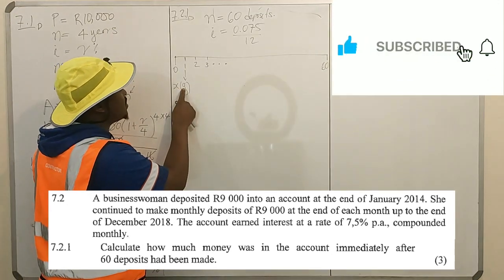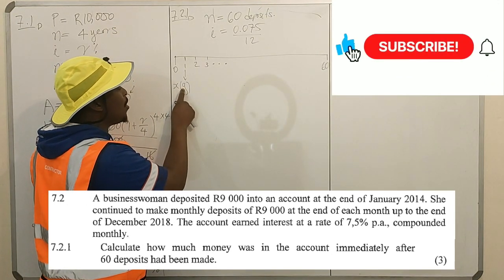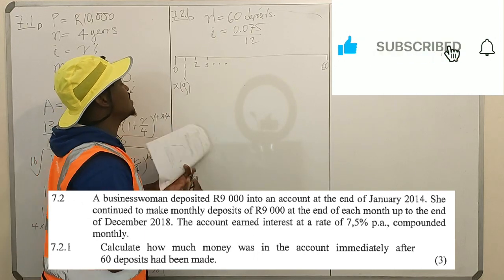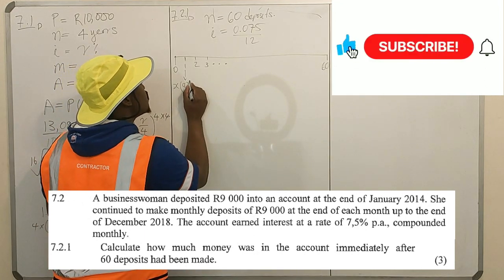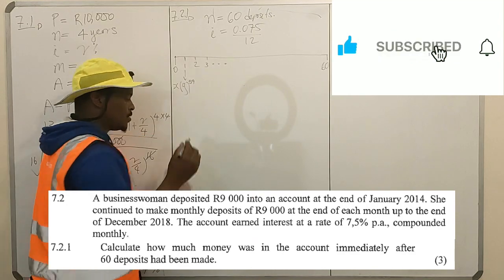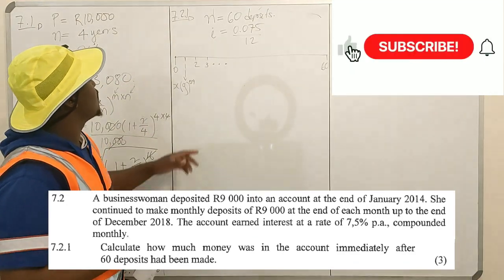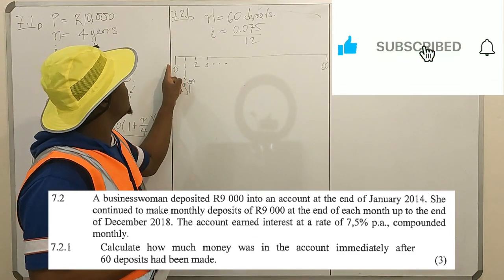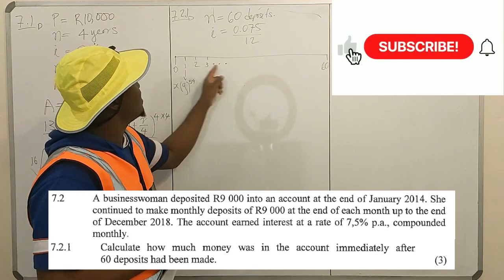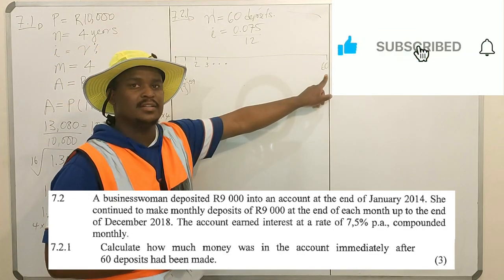This first amount that she deposits will earn interest for a period of 59 months. Because in total there are 60 payments made.